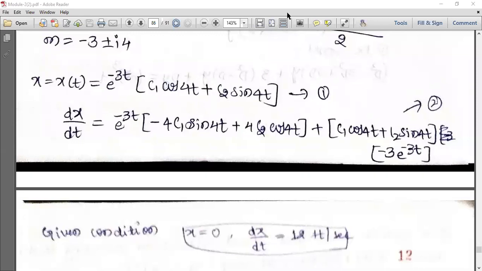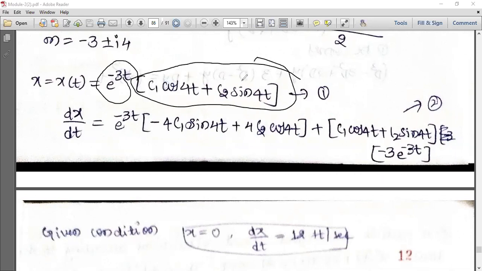Here there are two functions of t, so I'll apply the product rule: first function into differentiation of the second, plus the second function into differentiation of the first. Keep the first function as it is and differentiate the second function.